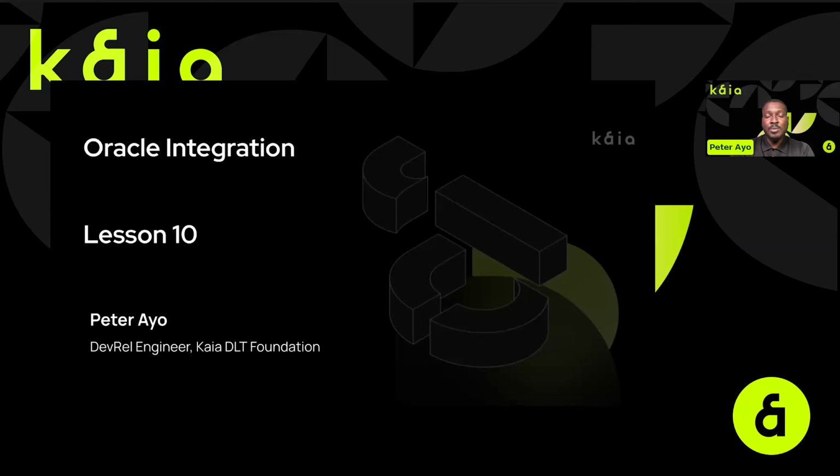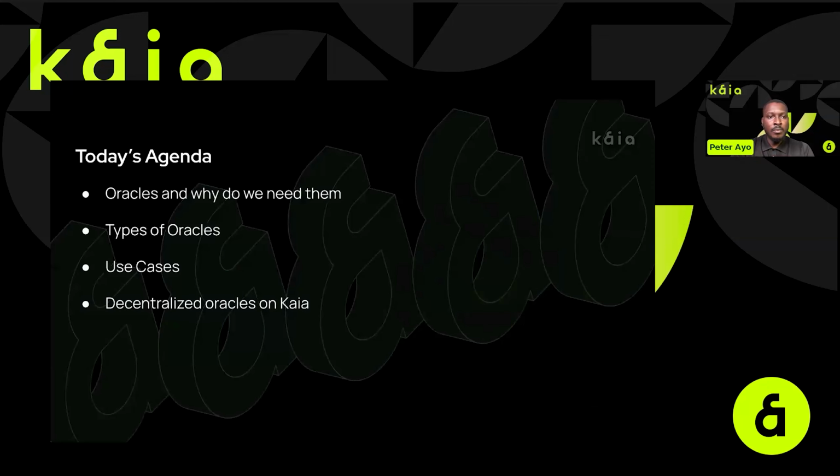So this brings us to Oracle integration, all right? Let's take a look at today's agenda. We'll be looking at oracles and why we need them in the blockchain specifically. We'll look at types of oracle and the different classifications based on their data flow, their trust model, and so on.